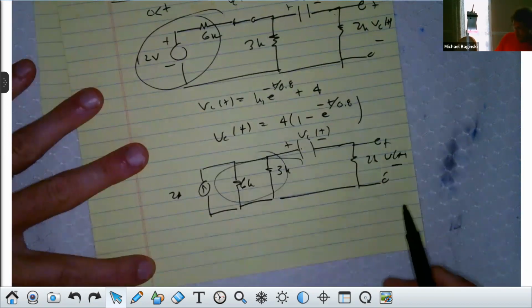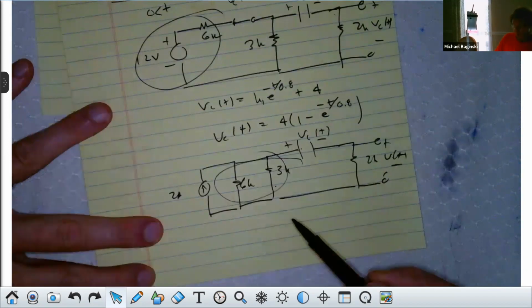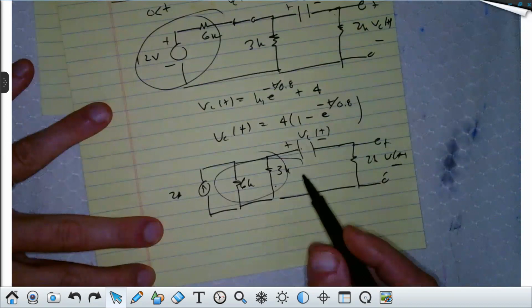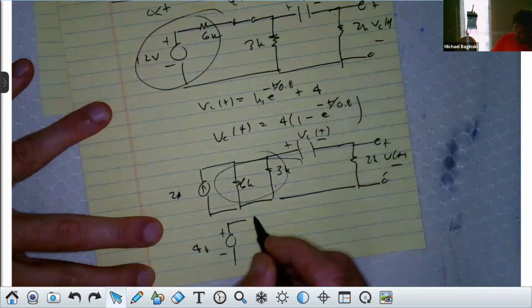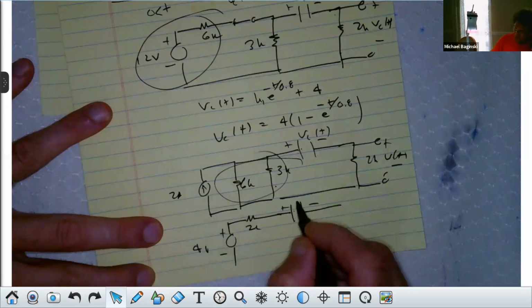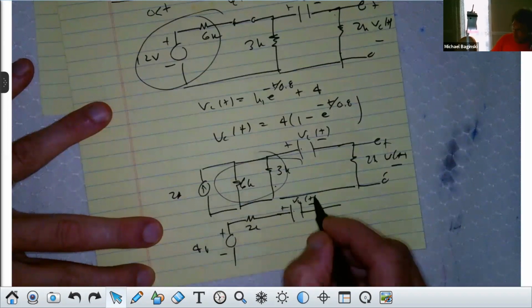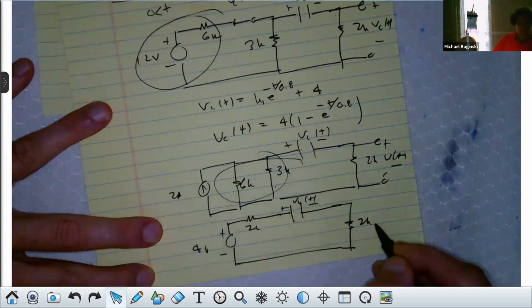Okay. Now, can you see that that's 2K? Mm-hmm. So 2K in parallel with 2 amps is really what? 4. Right. 4 volts, right? And then it's in series with 2K, isn't it? Yes. Then there would be VC here. And then there's 2K here, right? Mm-hmm.